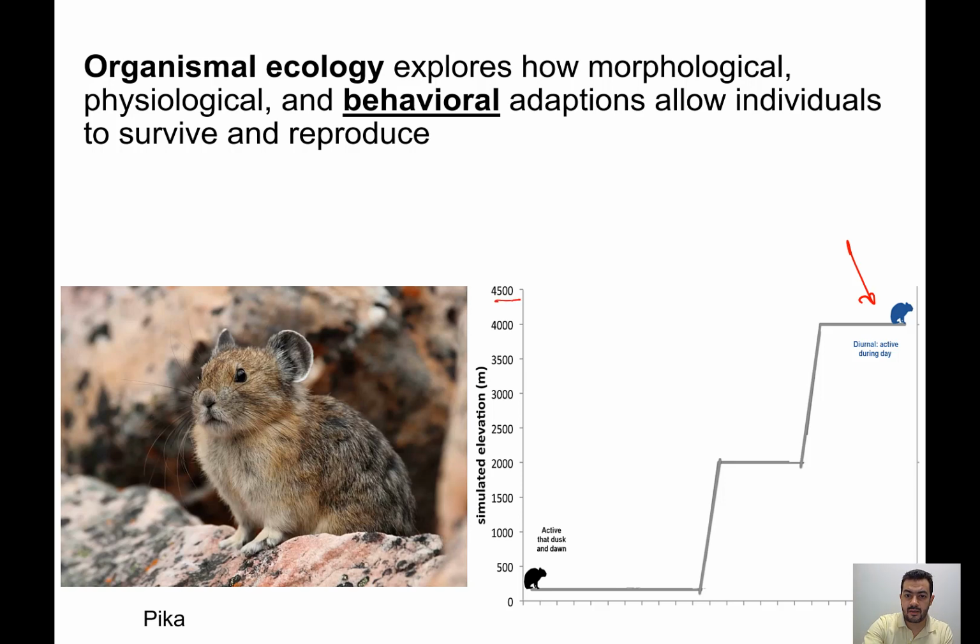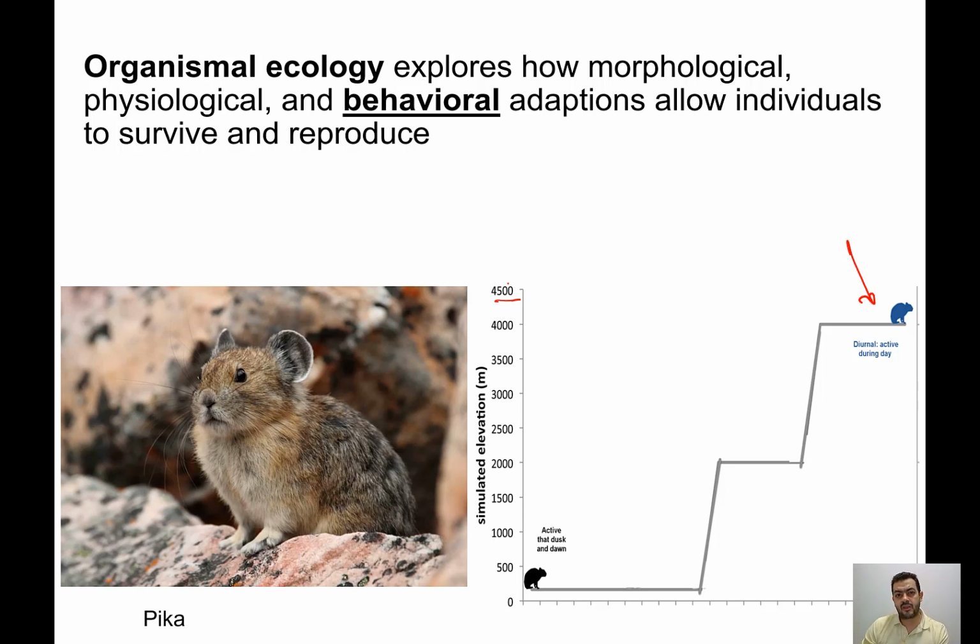So at very high altitude, they are diurnal, they are active during the day, and that's okay because up there in the mountain the weather is cool enough, because the resting body temperature of the pika is very close to the lethal body temperature. So that's fine at the very high elevation or altitude of the mountains.